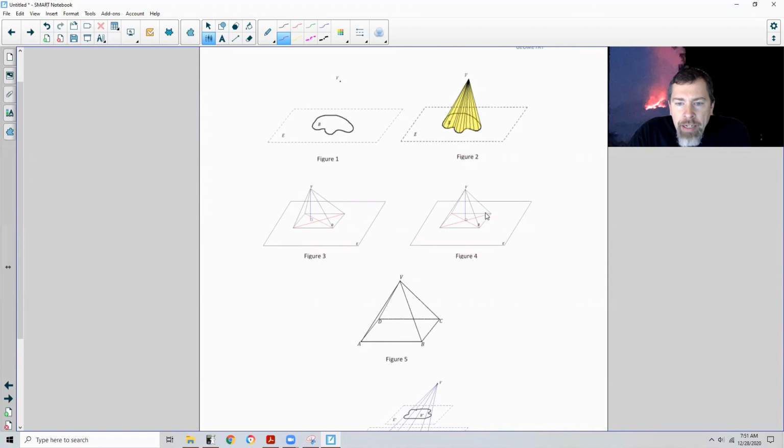This is a rectangular pyramid. But this shape here, there is no name for it. It's just a general shape. So we would just call that a cylinder, if you will, a general cylinder with a cone shape. So that's the difference between a general cylinder here and a rectangular pyramid here.